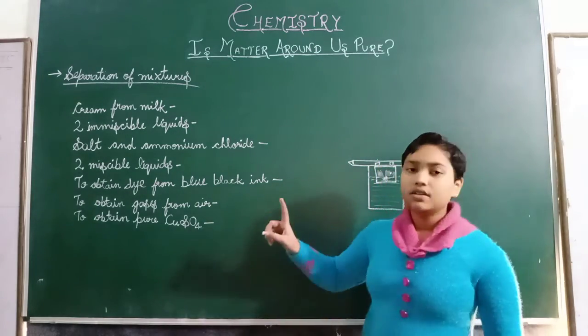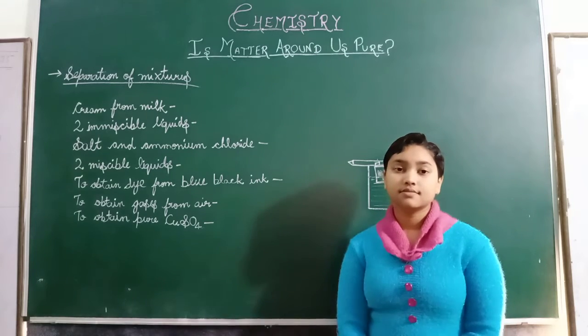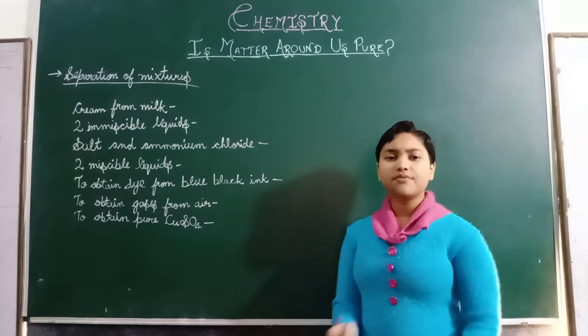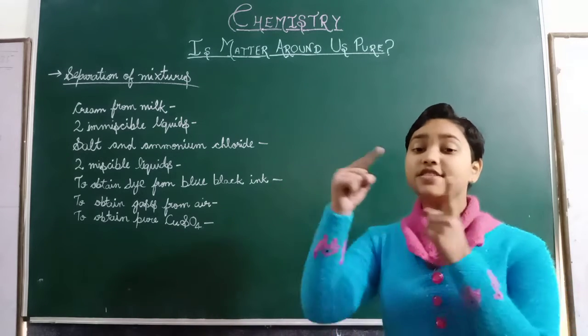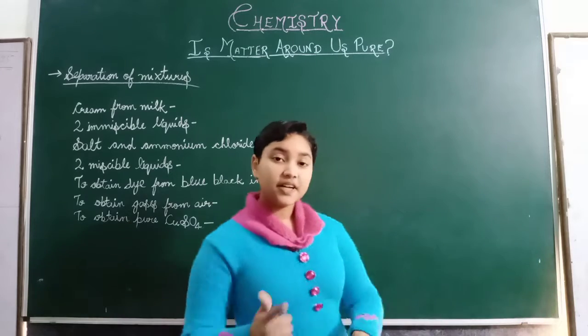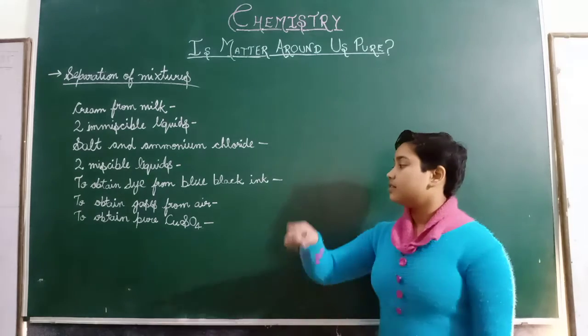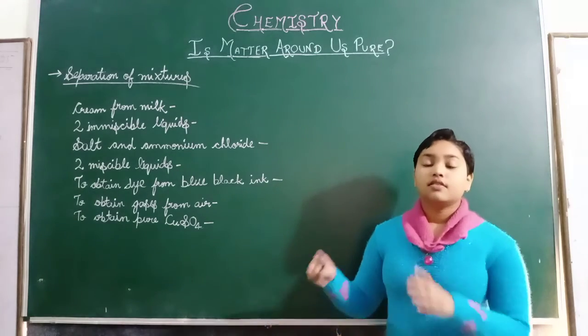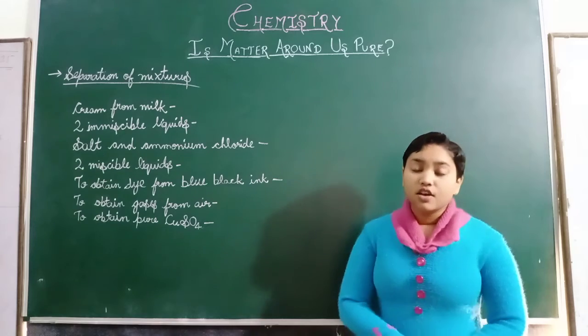Now we will learn how to obtain gases from air. For this process, we will use fractional distillation. It is different from simple distillation but similar to it, because in this process the different gases have their different melting and boiling points.